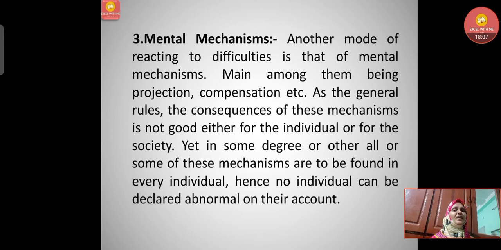Another mode of reacting to difficulties is that of mental mechanisms, the main among them being projection, compensation, etc. As a general rule, the consequences of these mechanisms are not good either for the individual or for society. Yet in some degree or other, all or some of these mechanisms are to be found in every individual. Hence, no individual can be declared abnormal on their account.